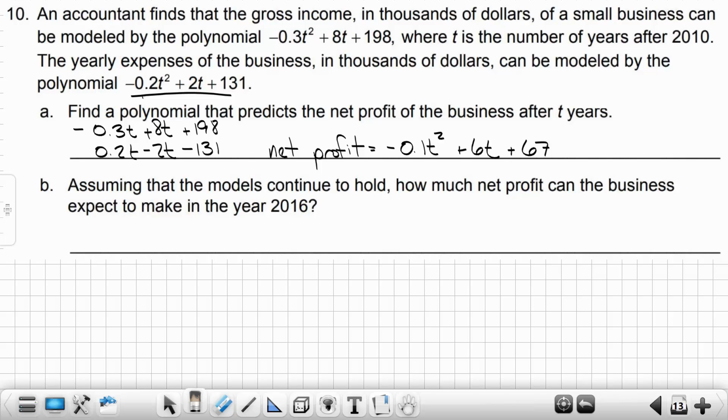T will not be 2010. I understand I'm asking you to do a word problem. That makes it harder. I got you though. Isaac? 6. T is the number of years after 2010. And it's saying if it's 2016, what am I putting in? 6, because 2016 is 6 years after 2010.